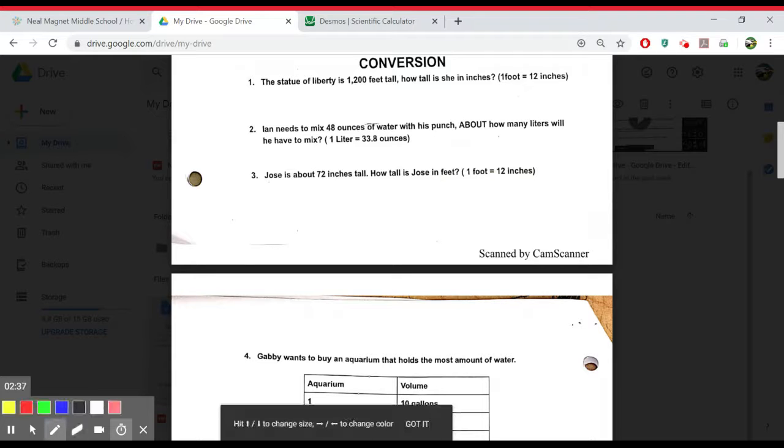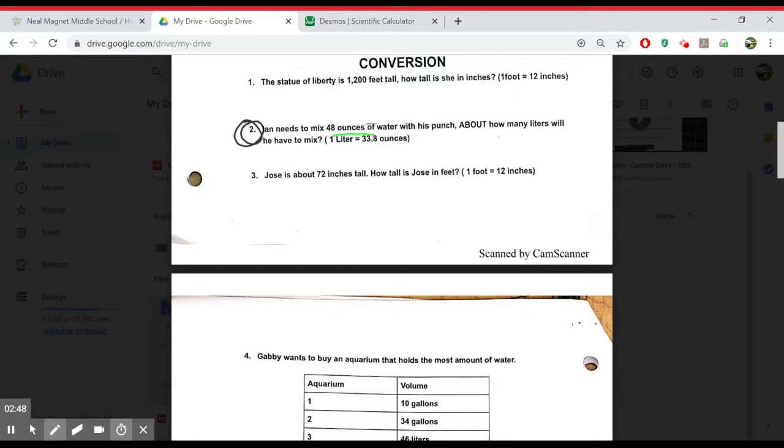Question 2 says, Ian needs to mix 48 ounces of water with his punch. You're approximating how many liters will he have to mix if 1 liter is 33.8 ounces. Let's go ahead and look at this. I'm comparing ounces with liters.